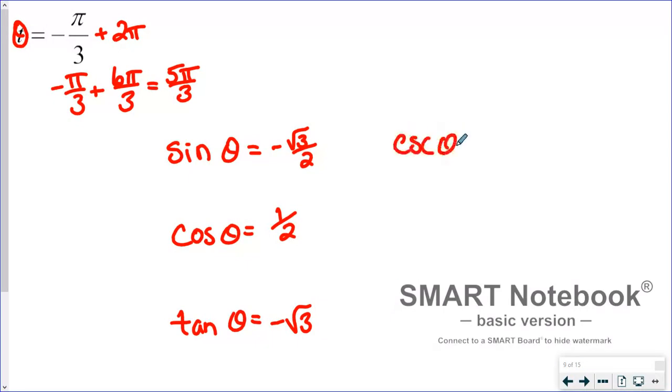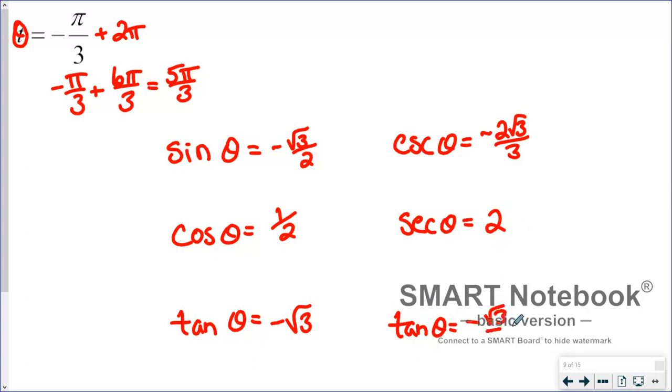Then cosecant, we flip that. So we're going to have negative 2 over the square root of 3, which will rationalize to negative 2 square roots of 3 over 3. Of course, secant will just be 2. And cotangent will be negative square root of 3 over 3.